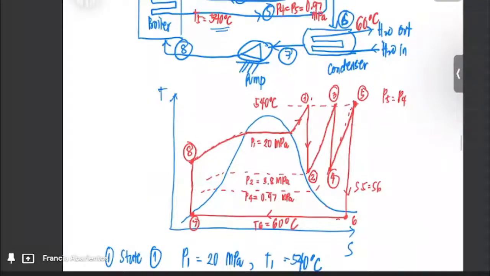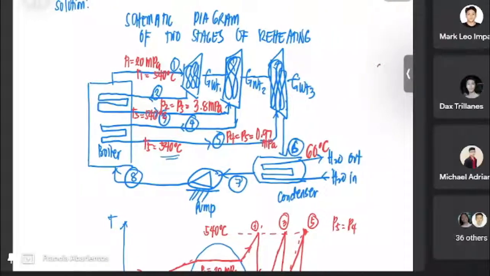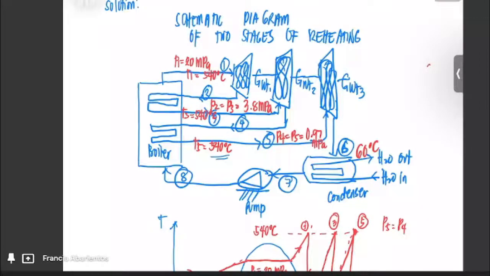Okay, this is the schematic of the two stages reheating. Ayan, mahaba-haba yun. So that is an example of that cycle.